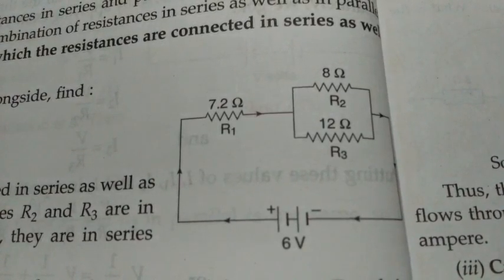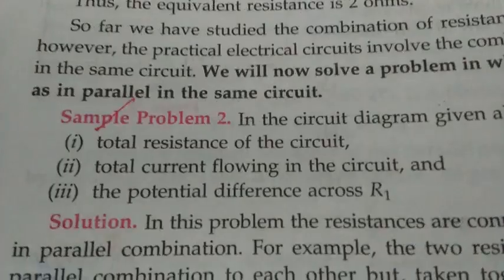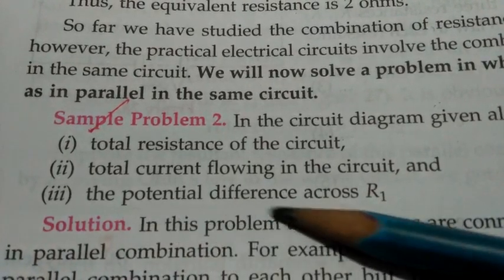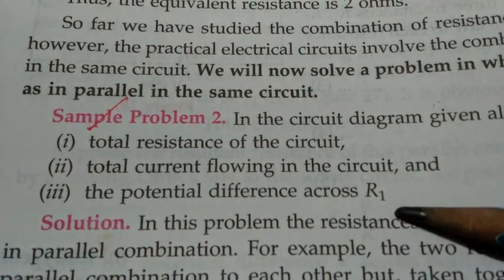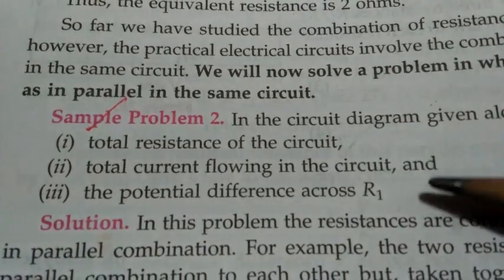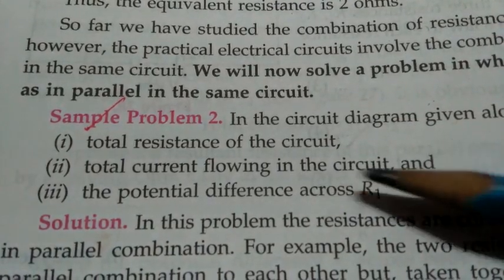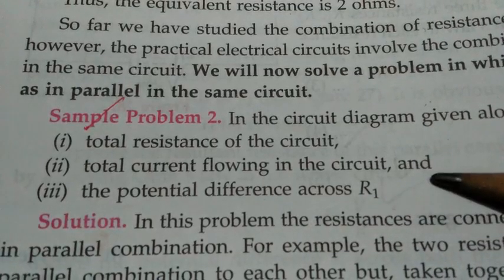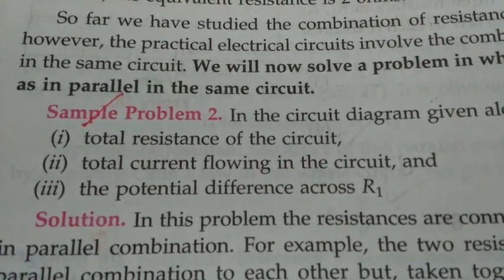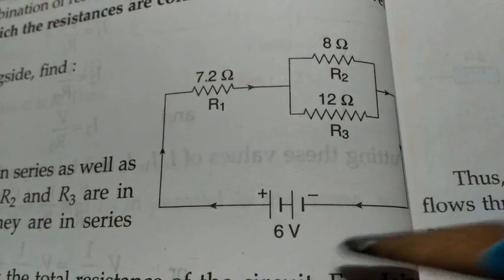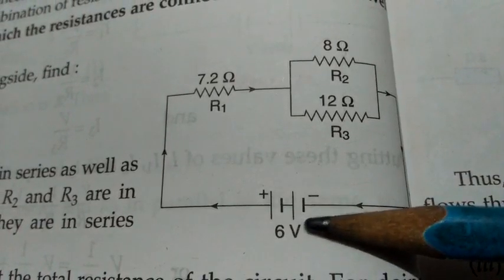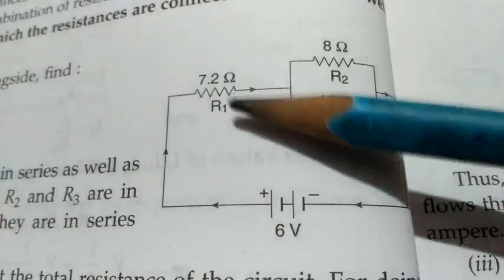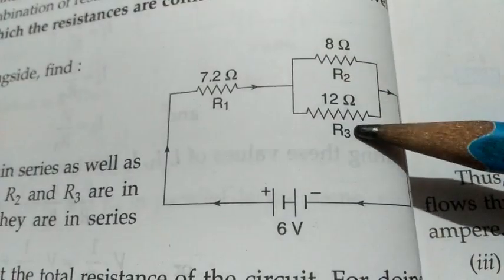After that, one more thing we have to find out: the potential difference across R1. Total resistance, total current, and the potential difference across R1 we have to find out. See here in this diagram, the total potential difference given is 6 volt, but this is for the whole circuit, that means for R1, R2 and R3.